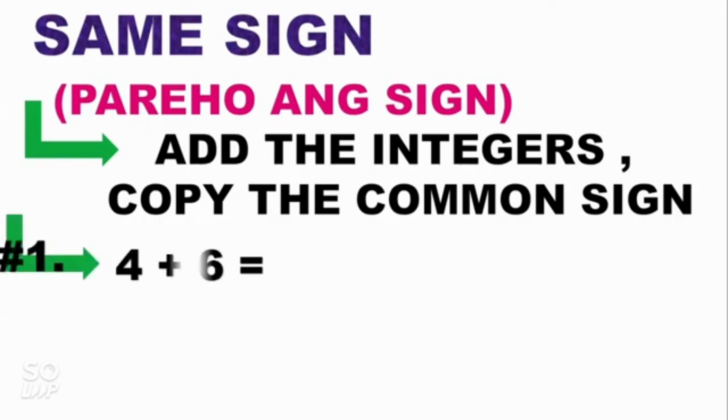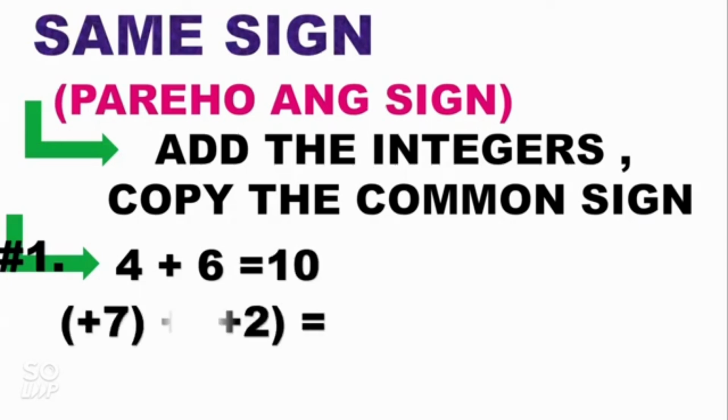Okay, example number 1. 4 plus 6 or positive 4 plus 6. So, una nating titignan kung ano ang sign ng dalawa. Since parehong positive, ang gagawin natin, i-add lang natin yung integers and that is 10. Positive 10.